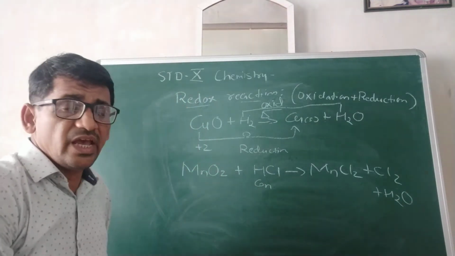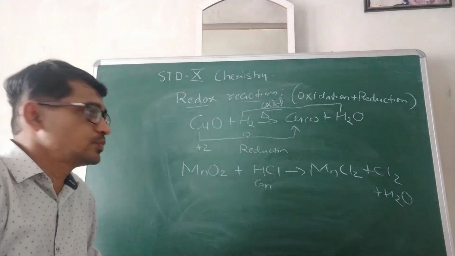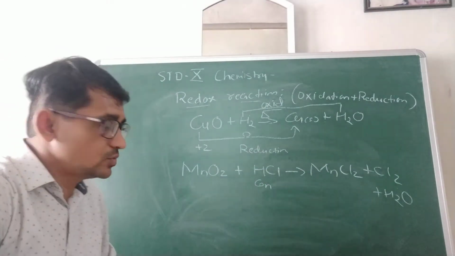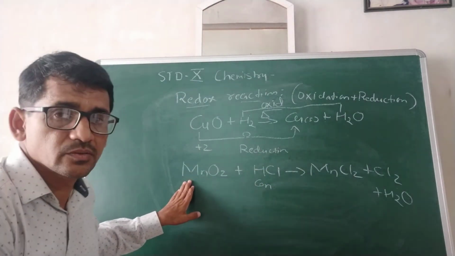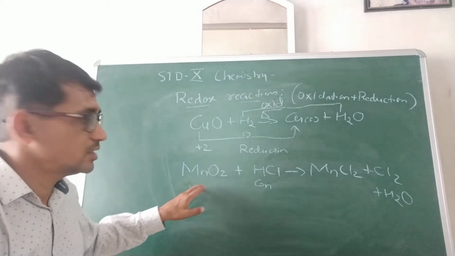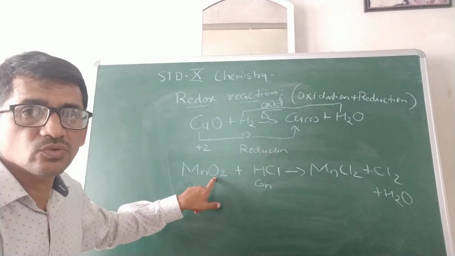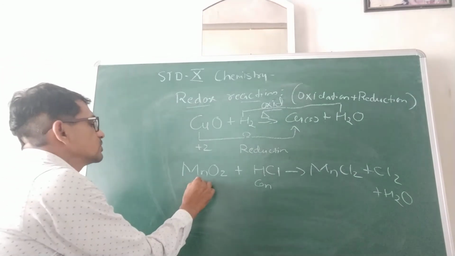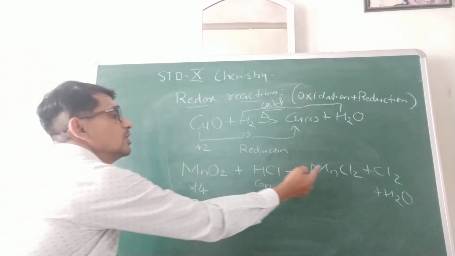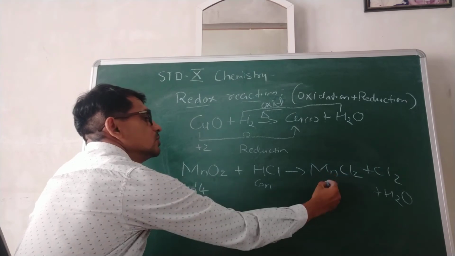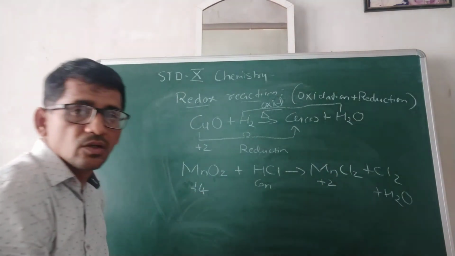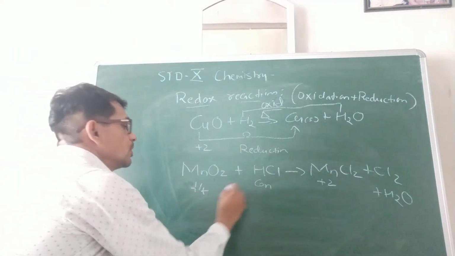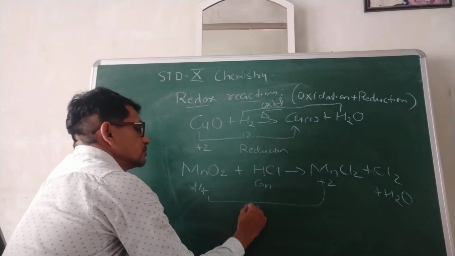Here you can see MnO2 is converted to MnCl2. If you find the oxidation number of Mn here, oxygen has a valency of -2. Here there are 2 oxygens, so manganese has oxidation number +4. It is converted to MnCl2, where it has oxidation number +2. +4 to +2, so reduction will take place.